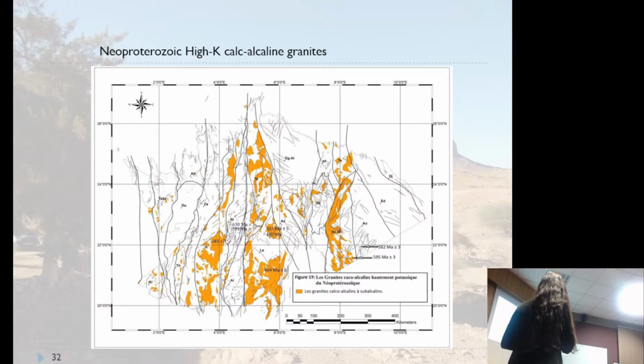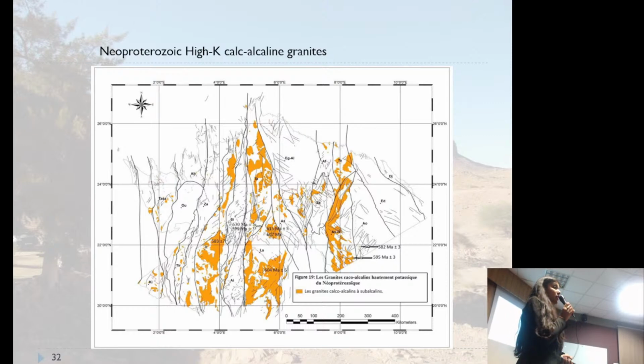And then you have the high-K calc-alkaline granites. In my work, and not just me, other students too, by plotting those on geophysical data, we realized that they had different signatures. All that is mapped here as high-K calc-alkaline.